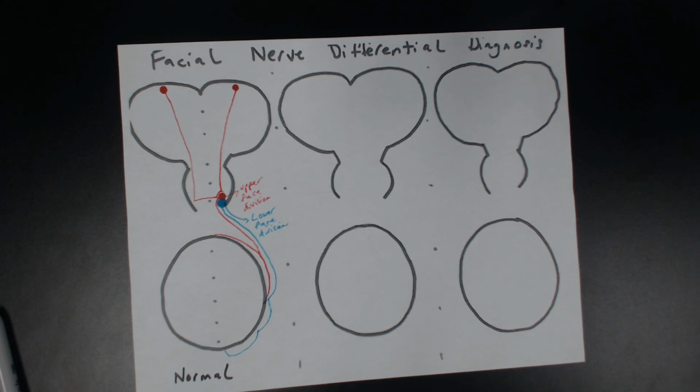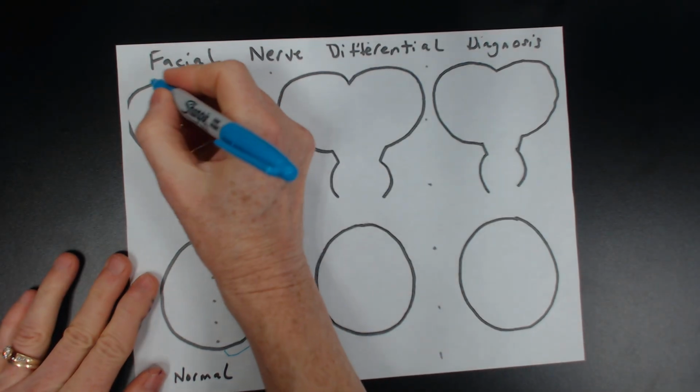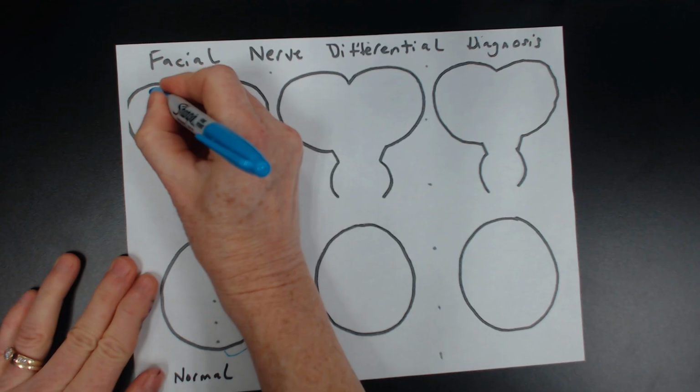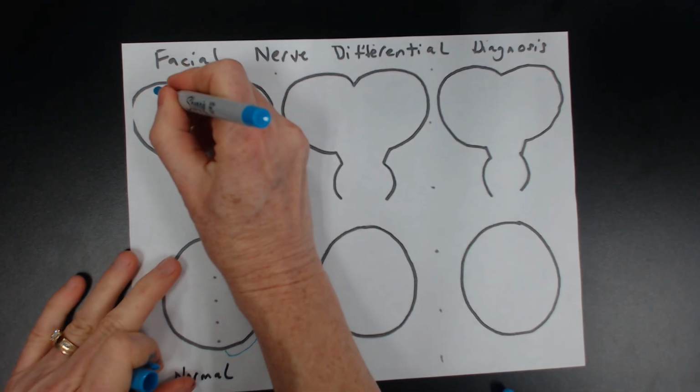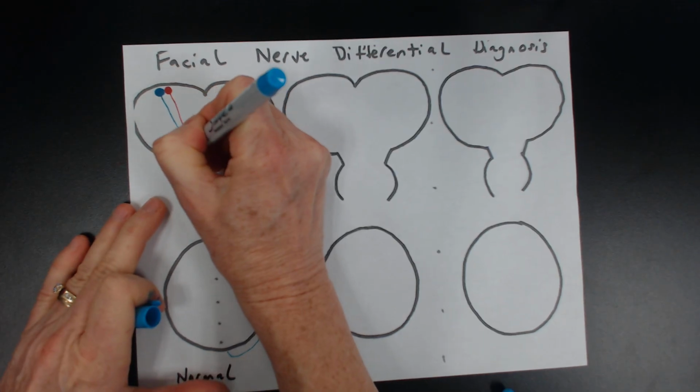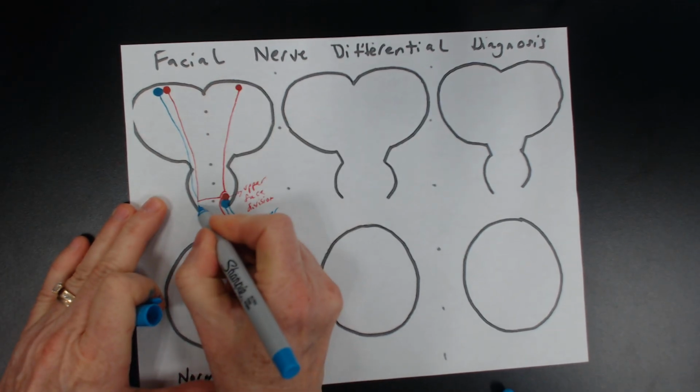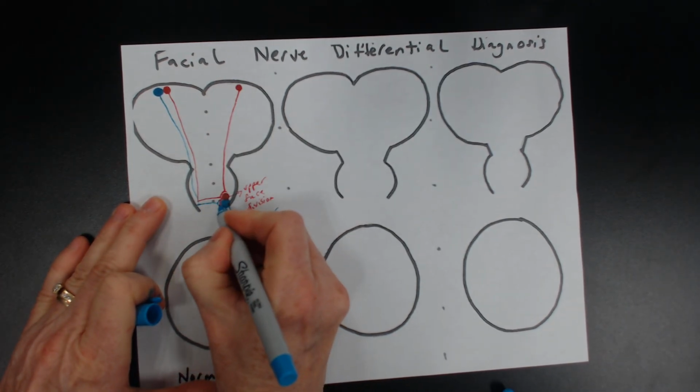Okay, so the upper face division happens bilaterally, but the lower face division is only contralateral. So for the lower face division, there's an upper motor neuron present only contralaterally, and that upper motor neuron sends out axons that decussate at the level of the nucleus and synapse.